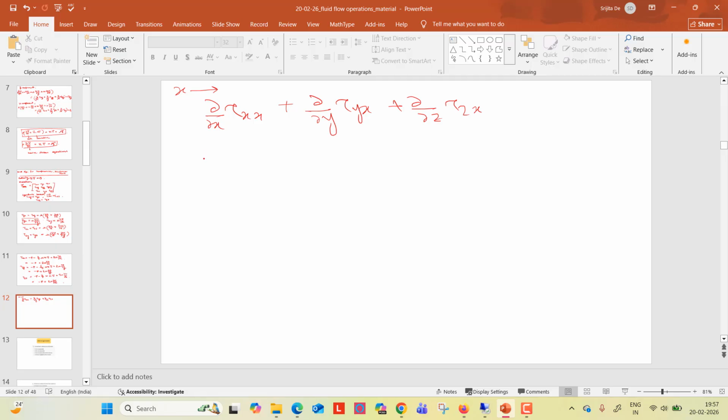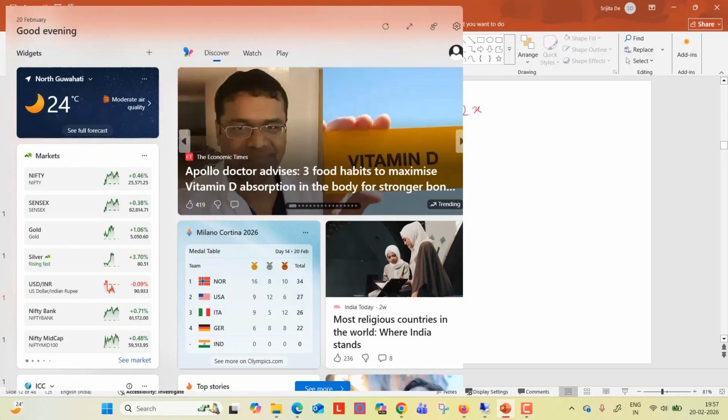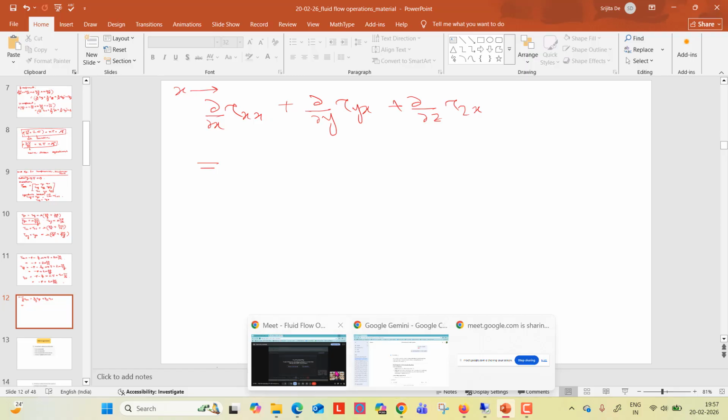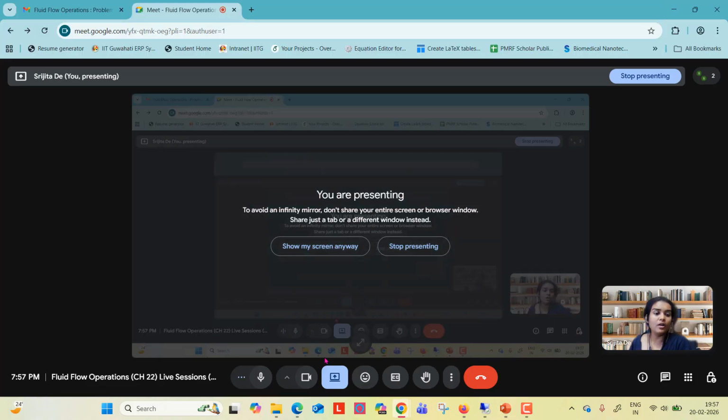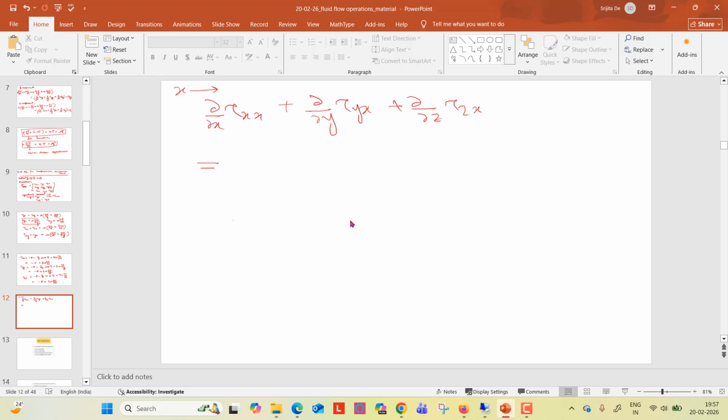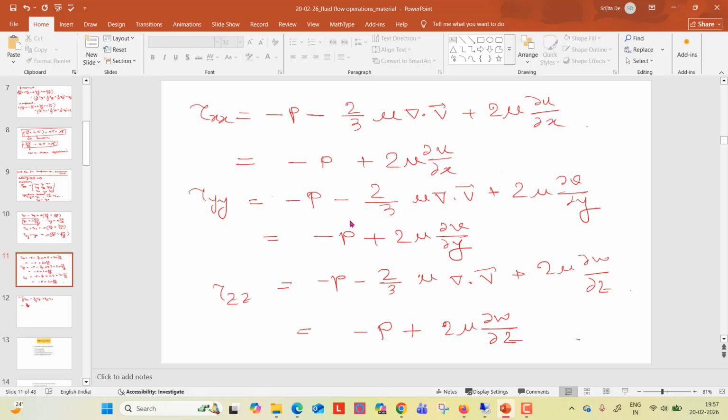So all the terms are coming like this. So del del x of tau xx means we are differentiating this term, right? So I am not writing it, I am directly writing the final expression.